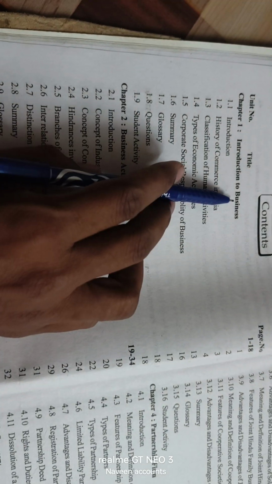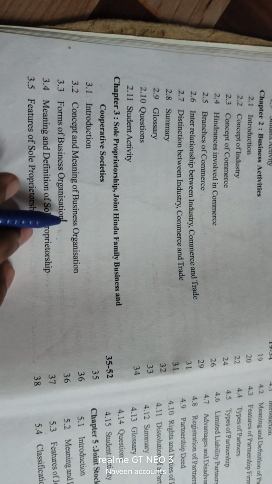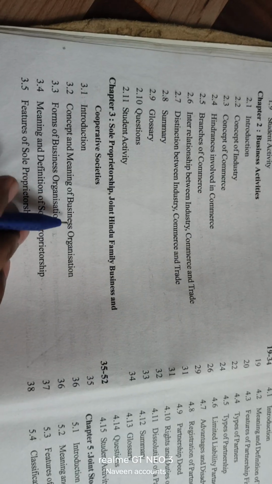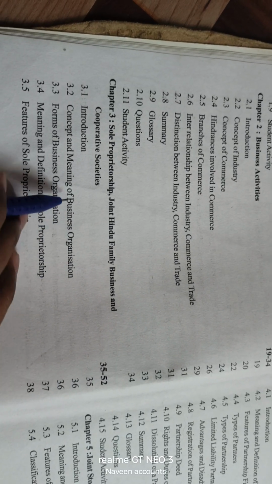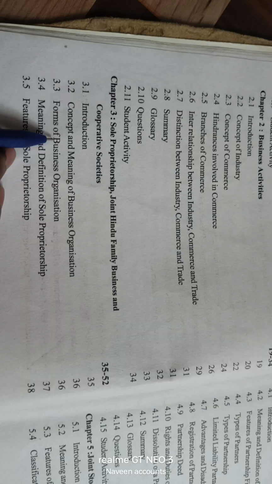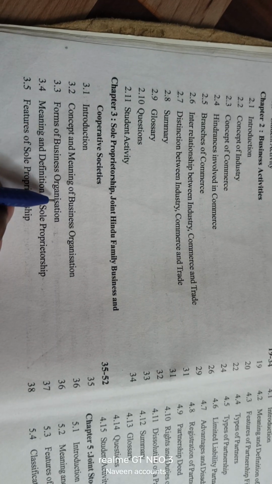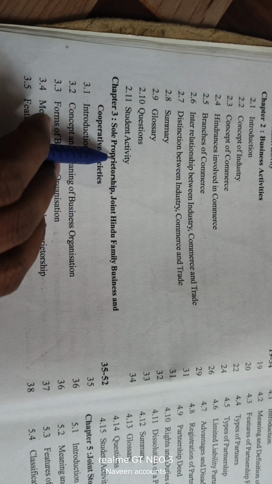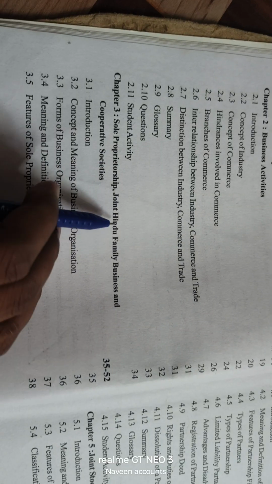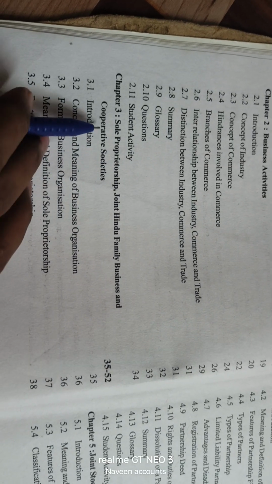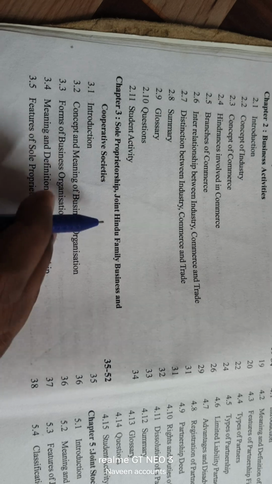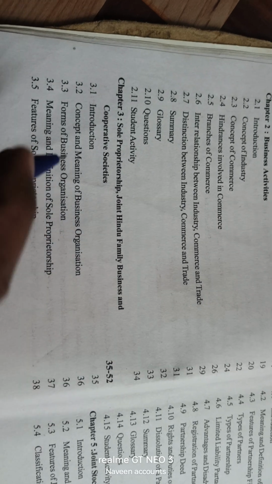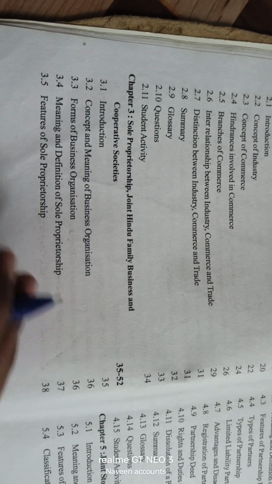Business and business organization, there is a difference. Next, forms of business organization, different types. Those are sole proprietorship, joint Hindu family business and cooperative society, and also other business organizations exist. We will discuss them in the coming chapter.